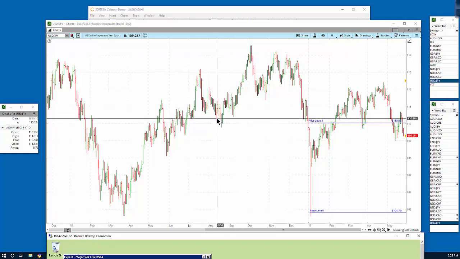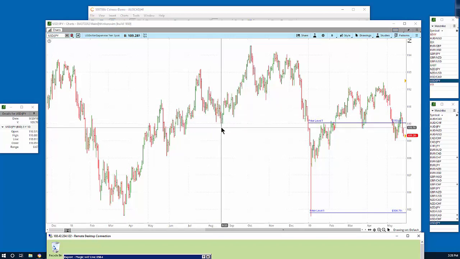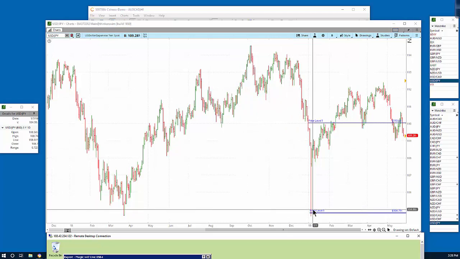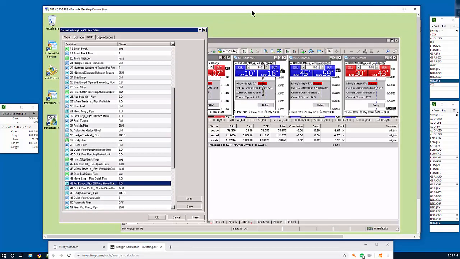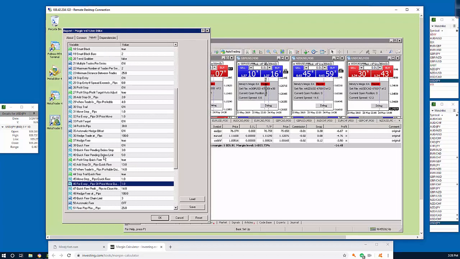And if you have something that gets mildly profitable and it gets stopped out, it's probably going to give you a better opportunity to go in again anyway. So when you're doing it manually, yes, you absolutely want a profit stop on that quick fixer. The EA, on the other hand, does not put a profit stop on the quick fixer until it's at a situation where we know for a fact it can buy off the hedge for a profitable outcome.